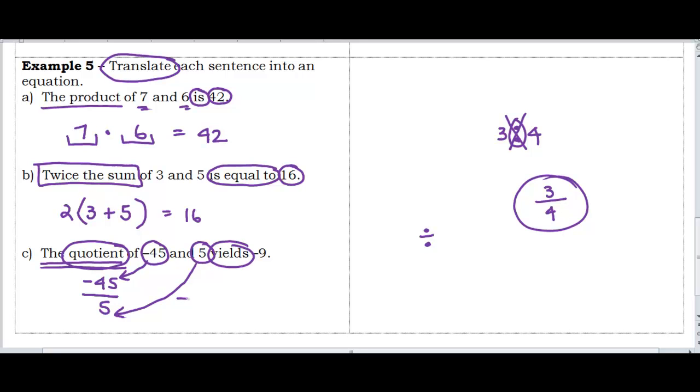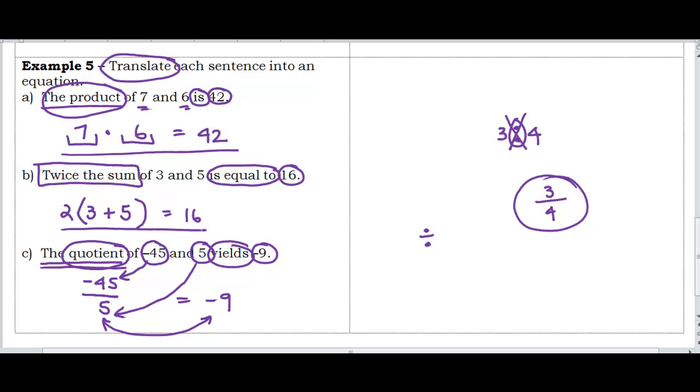Yields equals, guess what? As it turns out, you can see that this is a true statement, but that's just a natural consequence. I want to see you taking the words and understanding them and translating them to this other language called algebra or mathematics.